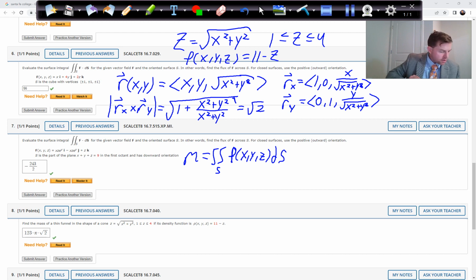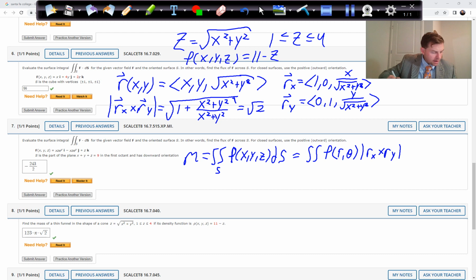Okay, so basically we're going to change this to the double integral of the density function in terms of r and theta times the magnitude of the cross product of Rx and Ry.